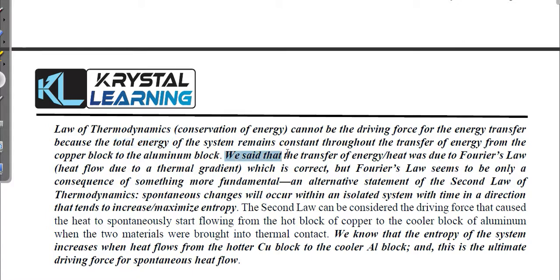We said that the energy or heat transfer was due to Fourier's law, which you read in the heat transfer subject. Heat flow is due to a thermal gradient, because here the temperatures of the two systems are different, so there is a thermal gradient.